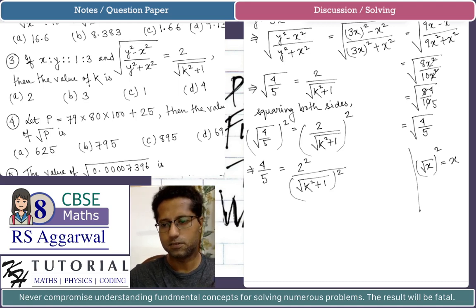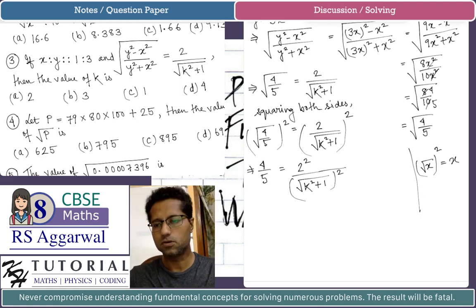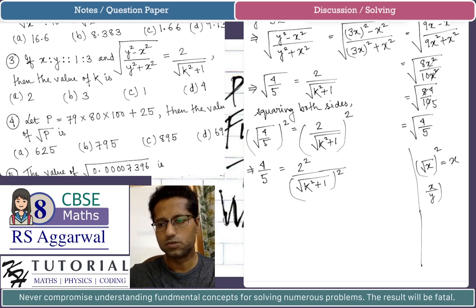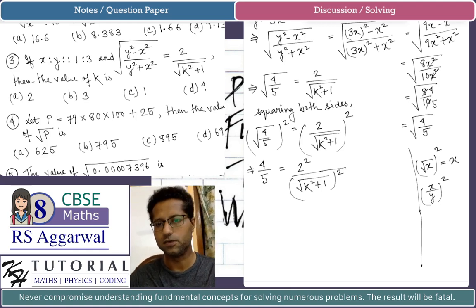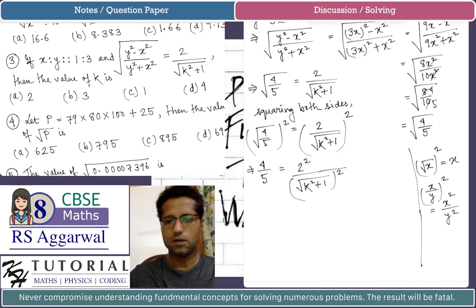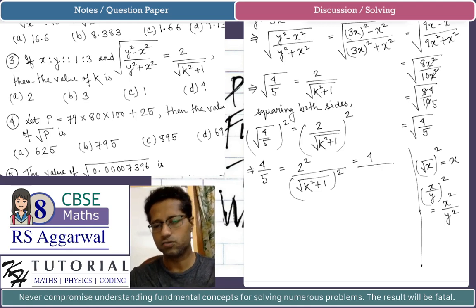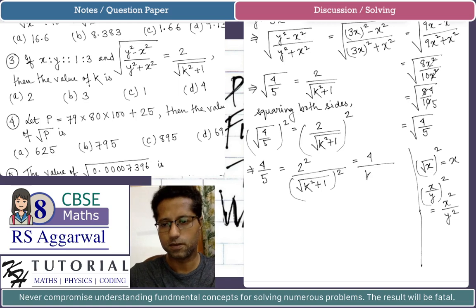The concept is x by y whole square, where x and y are rational numbers and y is obviously non-zero, is equal to x² by y². So this is equal to 2 squared, which is 4, and the square of the square root of k² plus 1 is k² plus 1.